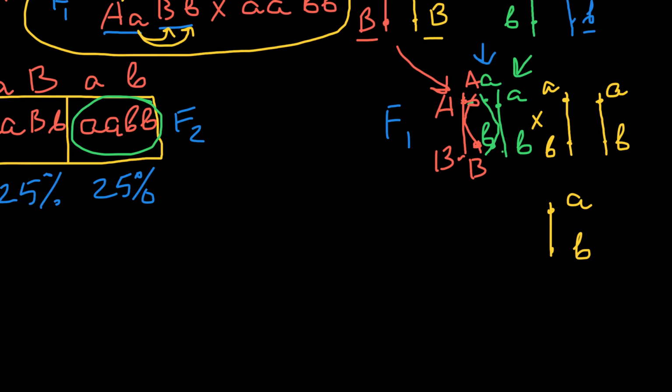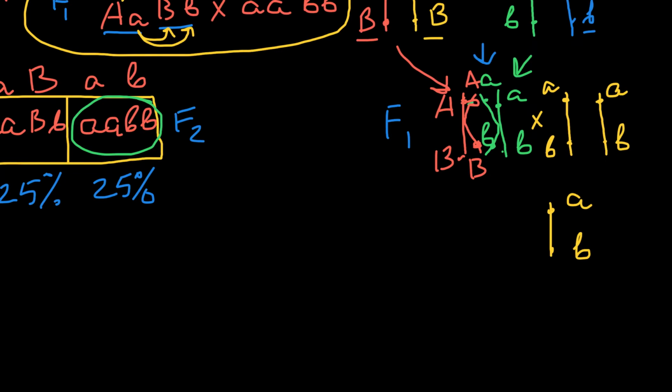By the way, these 4 chromatids would form what we call a tetrad, which would consist of 4 chromatids, 2 sister chromatids and 2 homologous chromosomes.